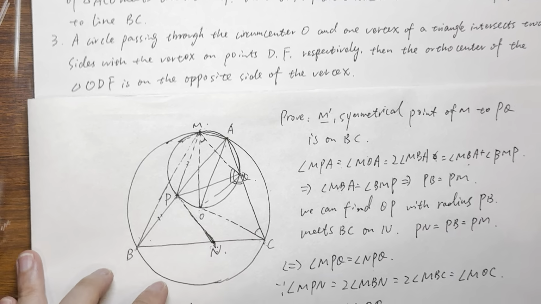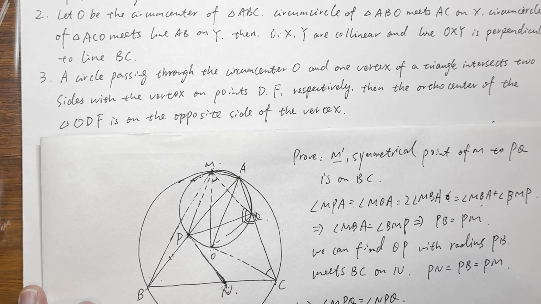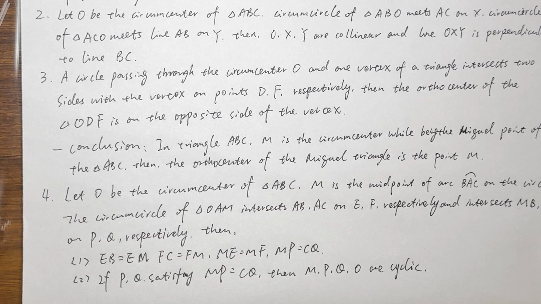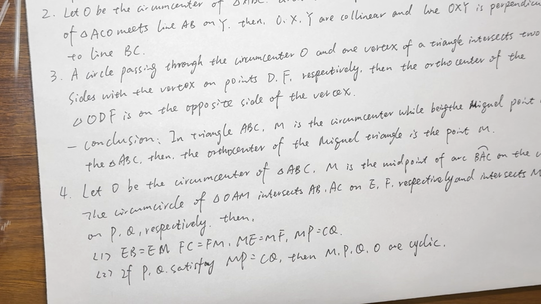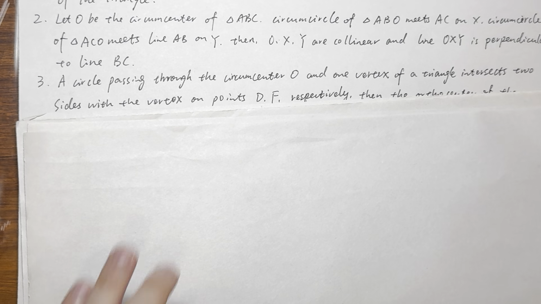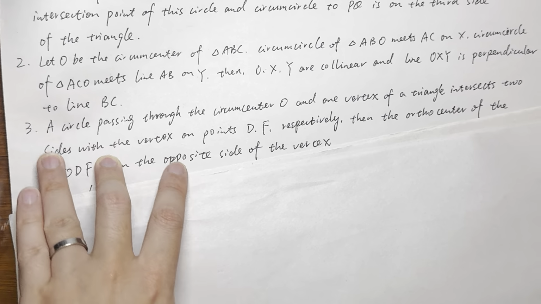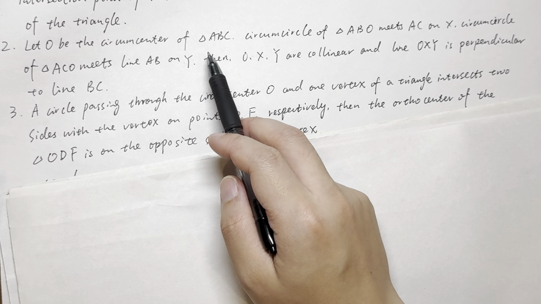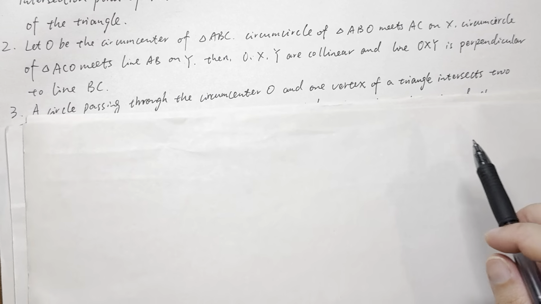So let's see the second one. Let O be the circumcenter of triangle ABC.